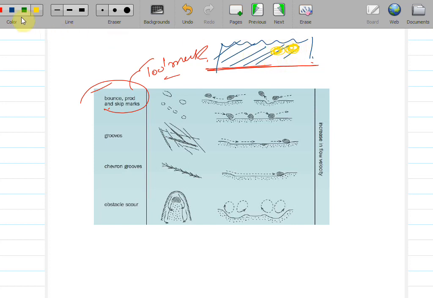So what will happen? These stones will hit the bottom of the bed and then they will again bounce up.